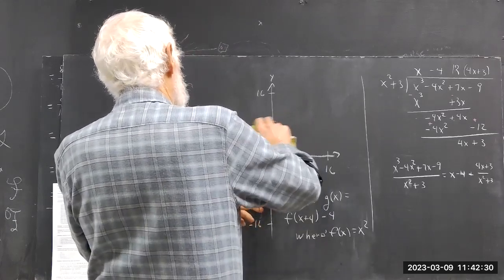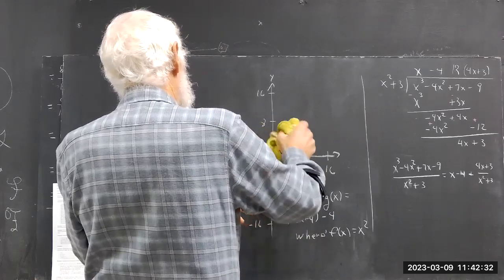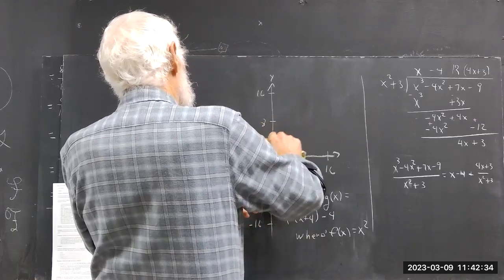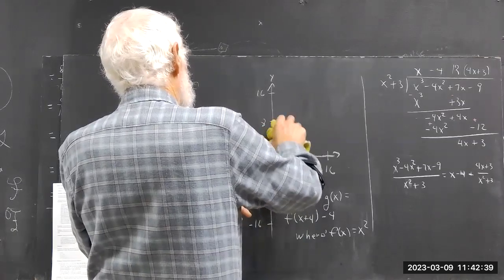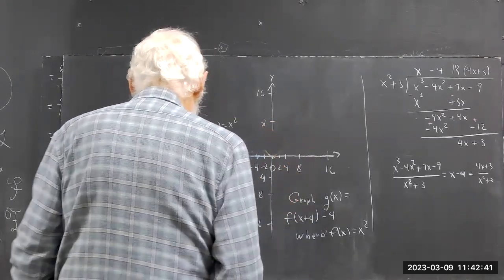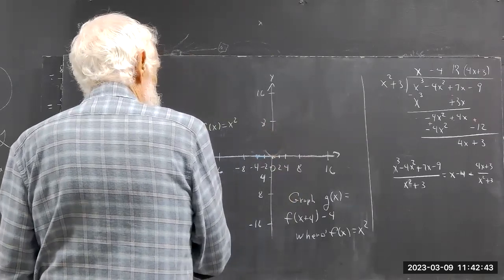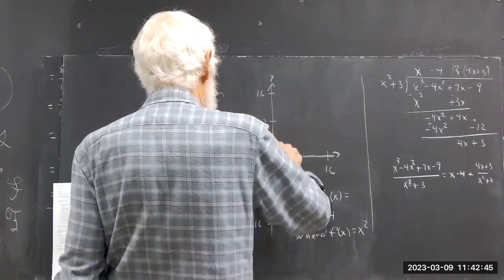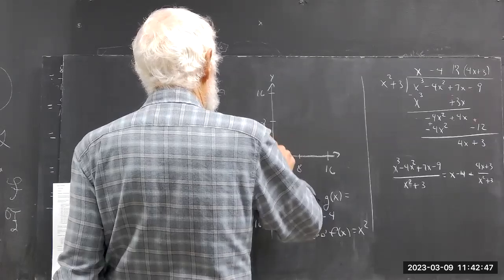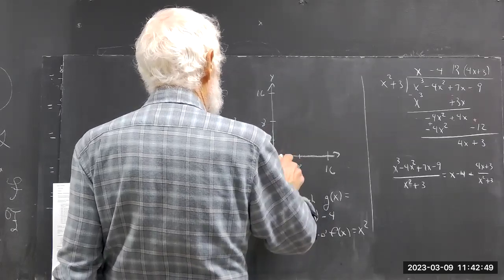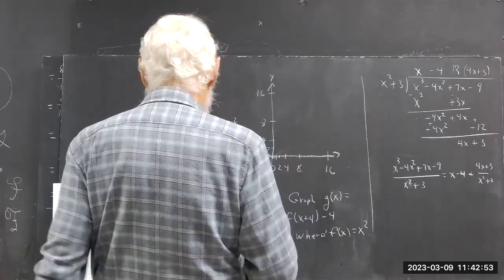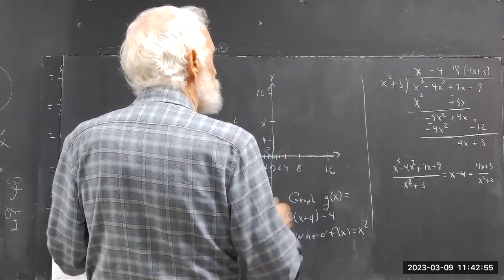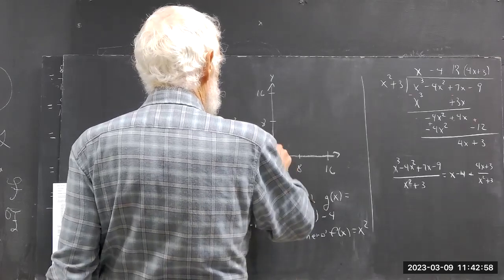Here, look at my x-axis. Here's 4, here's 2. Now here's 1 here, here's -1 here. So when I did my points, I just didn't do them very carefully.